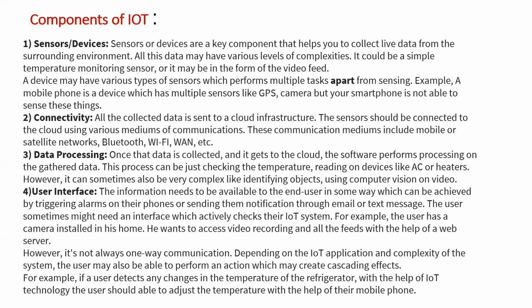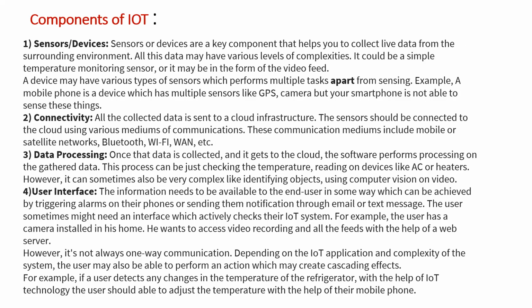Okay, and thereafter a data processing block is there. And the fourth component which is present here is user interface. Okay, so these are some of the components which are present in the Internet of Things. Okay, so that is what you can observe here.